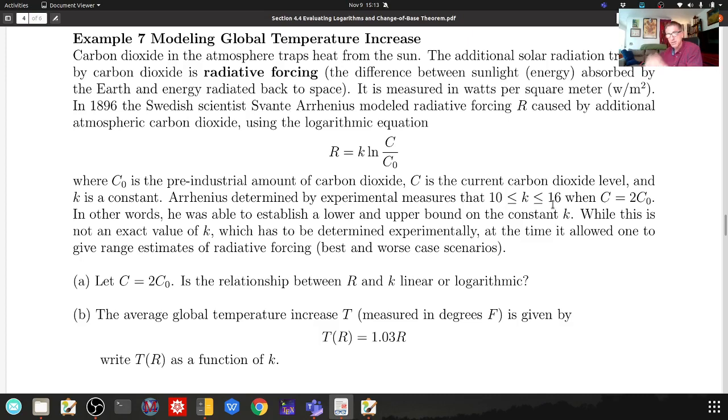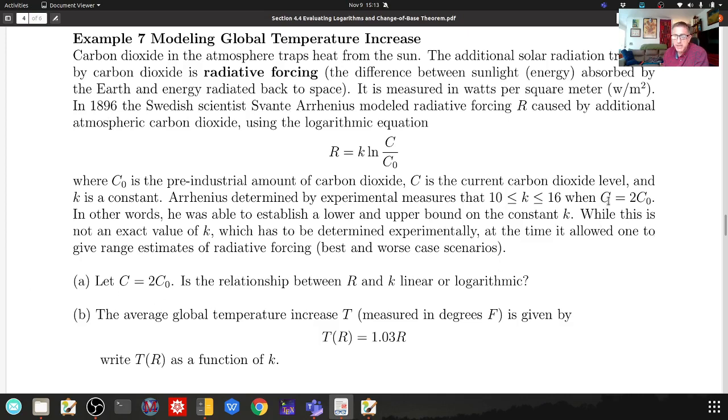And later on, when we get more sophisticated techniques, we can reduce the error bound. So this is the value of K discovered by the Swede in 1896. I'll guarantee you, we know it much more accurately now.